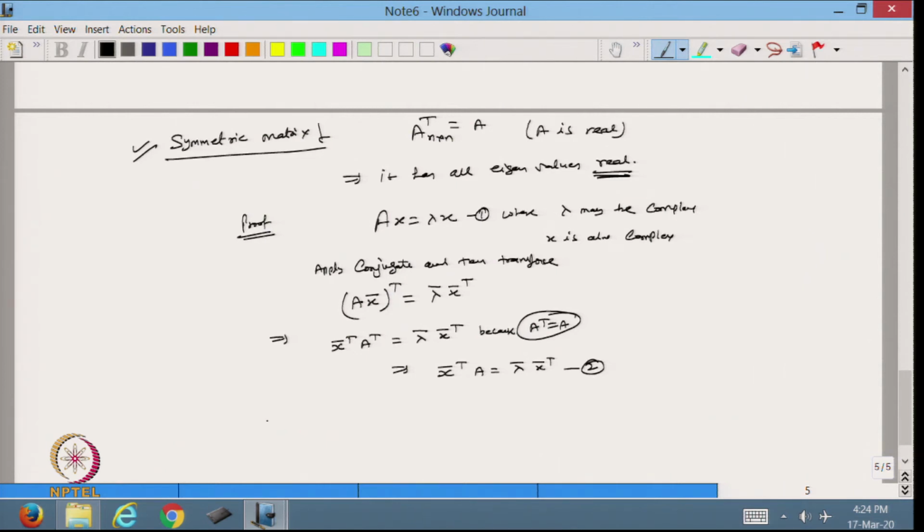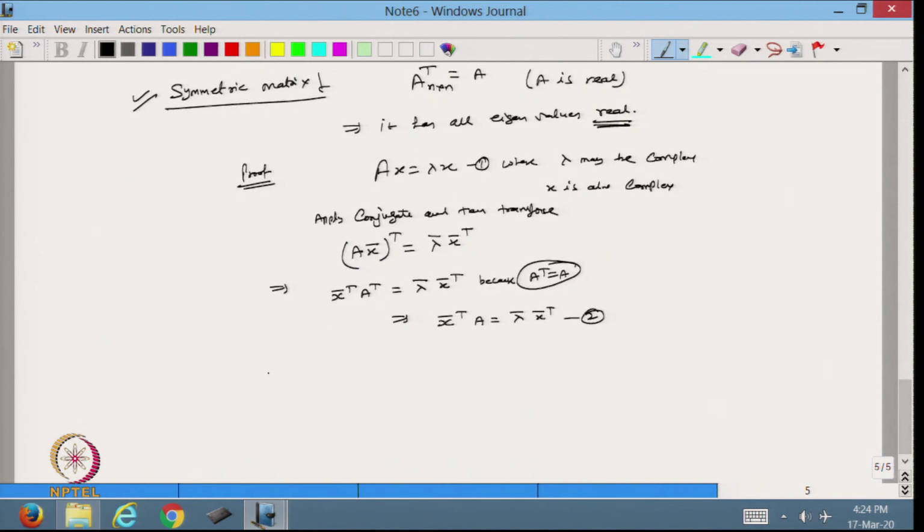Now, what I do is take the dot product of equation 1 with x bar transpose. So, what will I get? I will get x bar transpose A x is equal to x bar transpose lambda x, and lambda is a scalar, so I can take it outside.